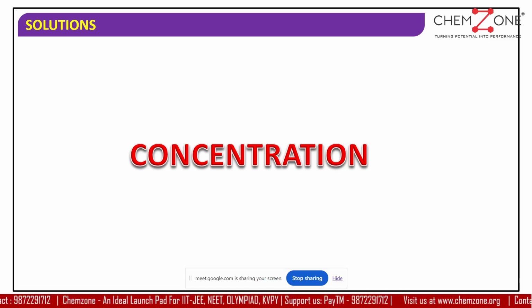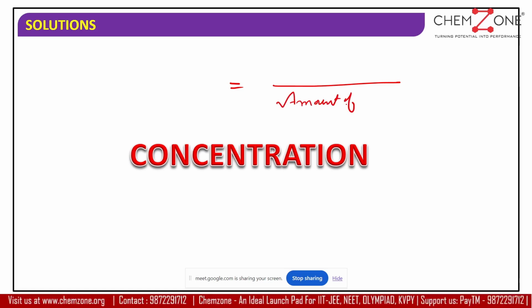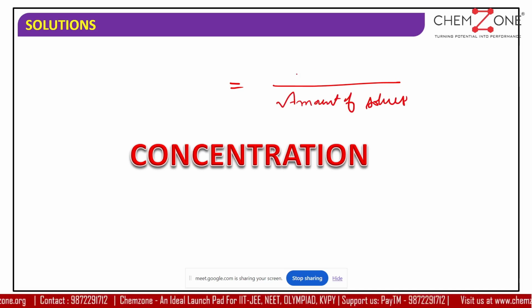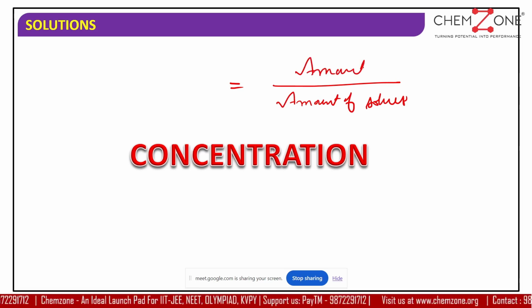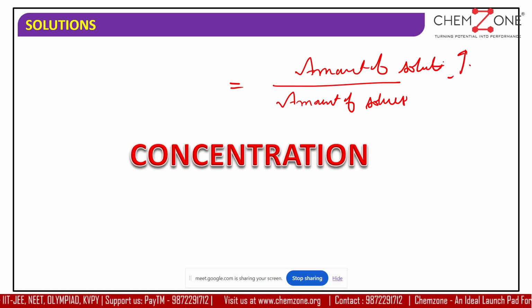So concentration in a solution basically shows us the degree of saturation. Concentration means how much solute there is in a particular amount of solvent. The more the amount of solute, the higher the concentration. More the amount, more the concentration. Right? Yes, sir.